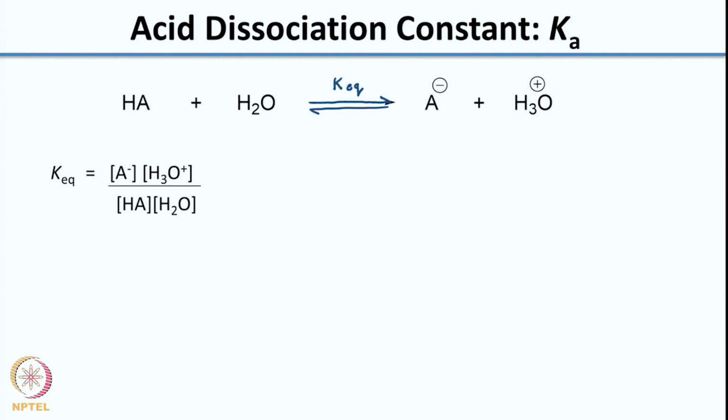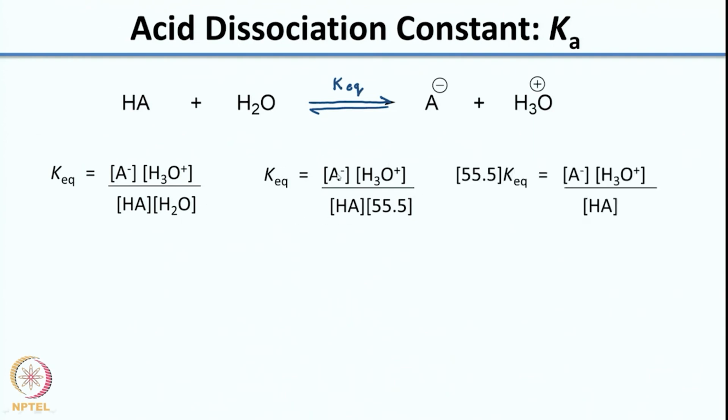So, a lot of times people do not consider it, or in other words, if you consider a very dilute solution of the acid, you can consider the concentration of water to be 55.5 molar. So then this equation reduces to the one shown on your screen, and further if you take the water concentration to the left, this is what the equation becomes.